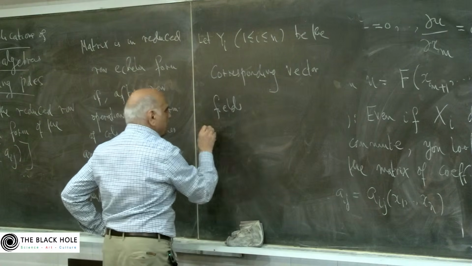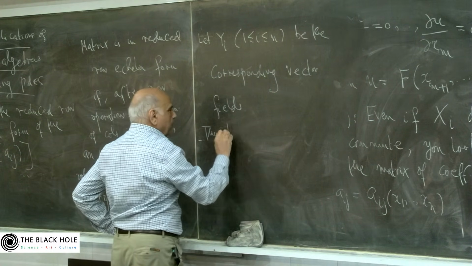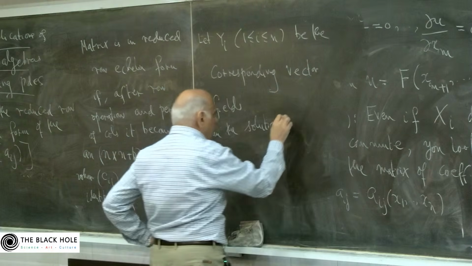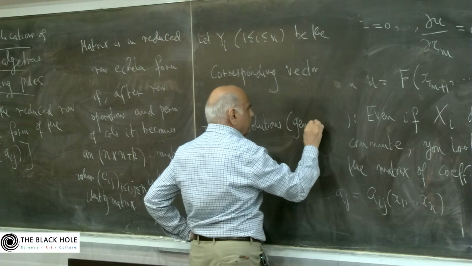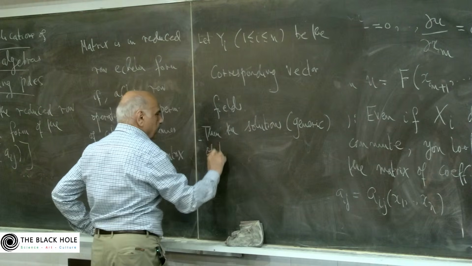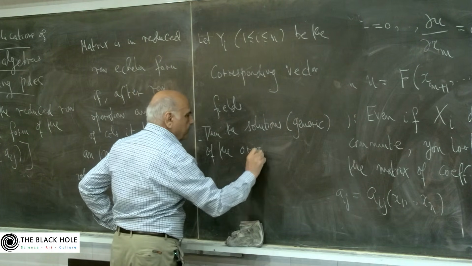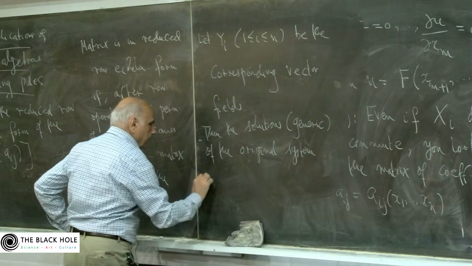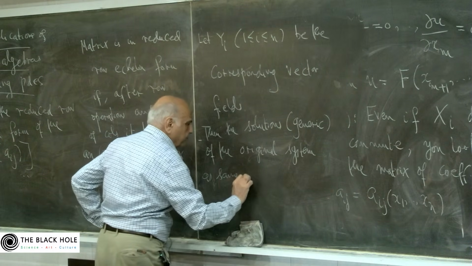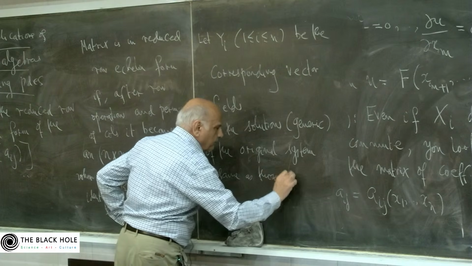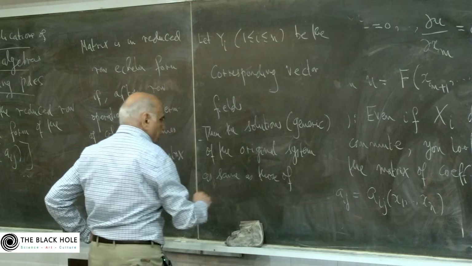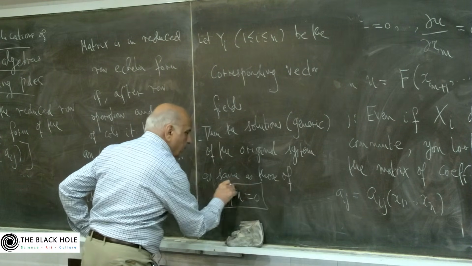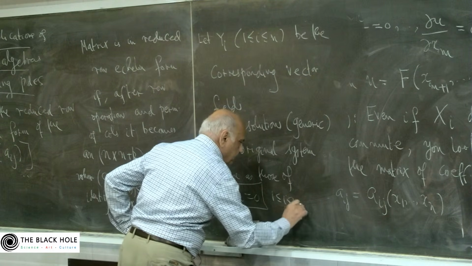Then the solutions of the original system are the same as those of yi u is equal to 0. Okay.